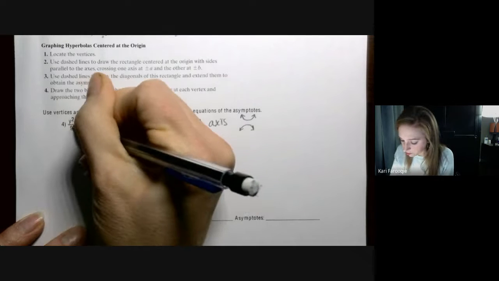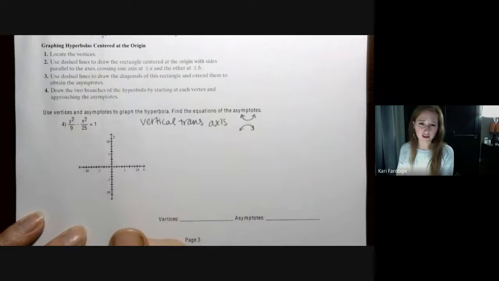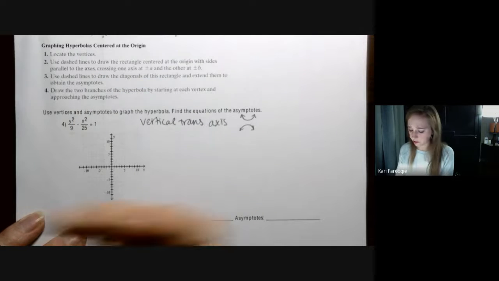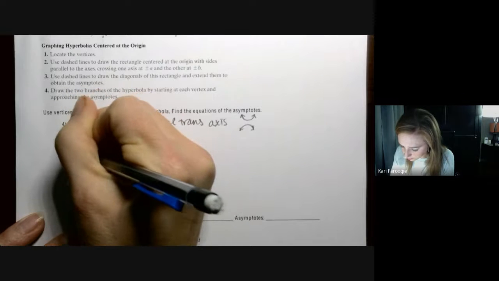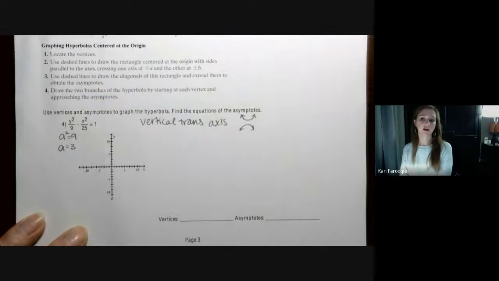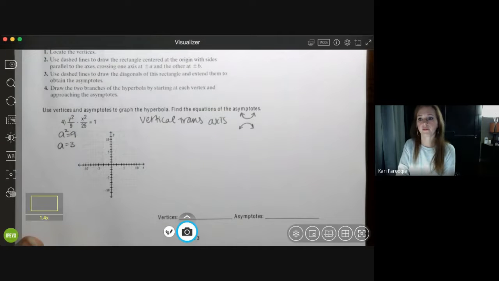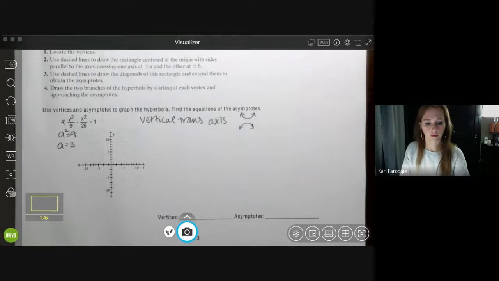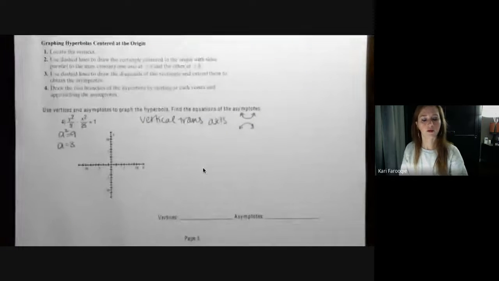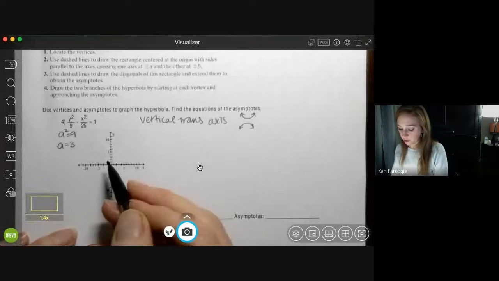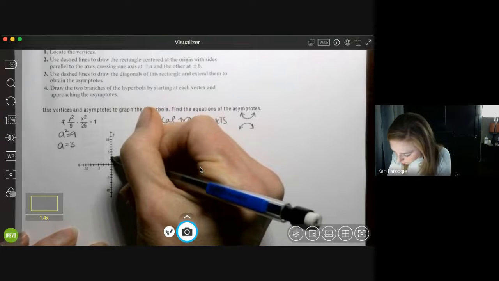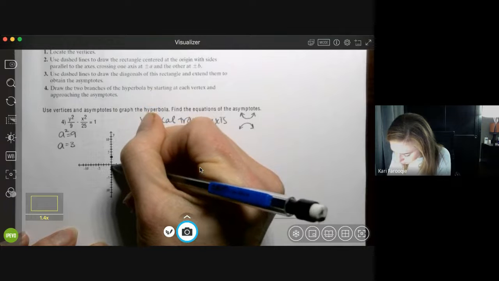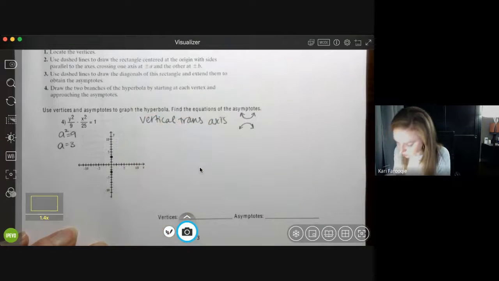We also know that A squared is always going to be the denominator of this first positive term fraction. So A squared is 9 and A is 3. Now, if A is 3 and I have a vertical transverse axis, I'm going to go up 3 units from center and down 3 units from center.